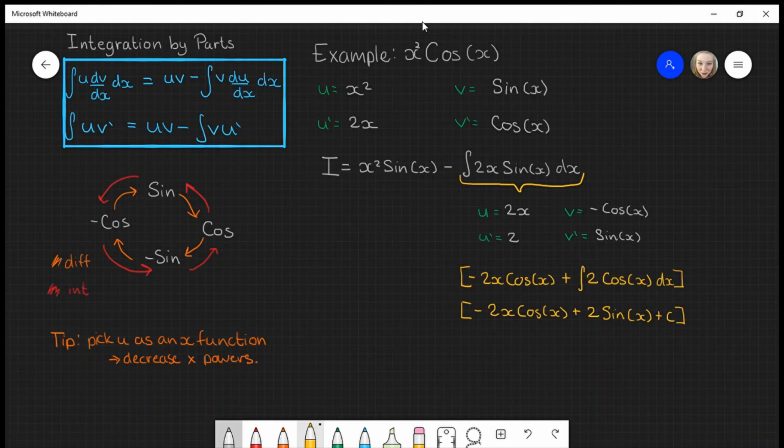Therefore, the final answer: remember, everything in these yellow brackets needs to be times by minus 1. So this would become plus 2x cos x. And this would be minus 2 sin x. Still keep it as plus c.